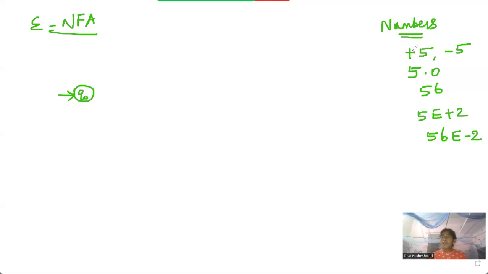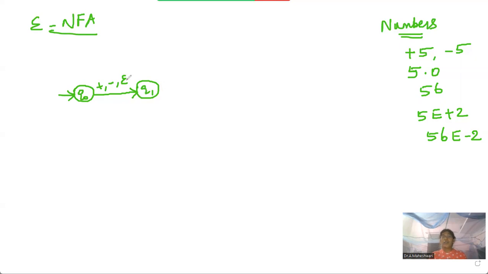What is the first symbol I have? A plus or minus or nothing, right? So I'll go from Q0 to Q1 on the plus symbol, minus symbol, or empty string. Without reading any input symbol, it automatically goes from one state to another state. That symbol is called the empty string.